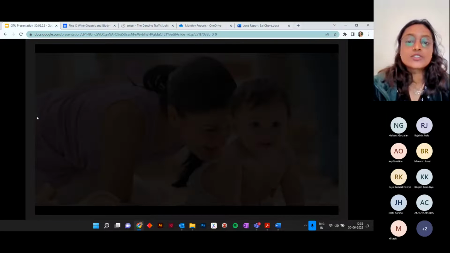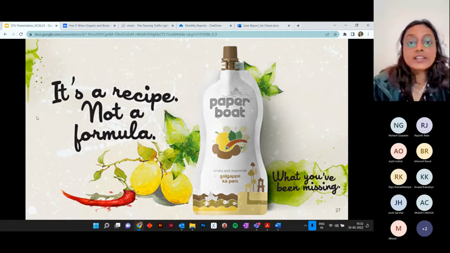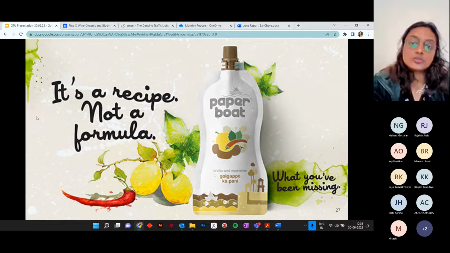One of my favorite examples to show is Paper Boat, which came into the market very recently as a drink. As children, I never saw Paper Boat, or anything remotely close to this.